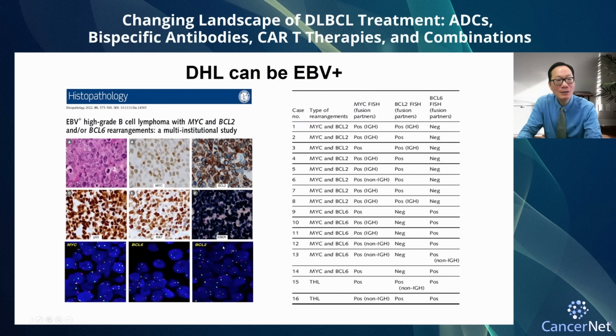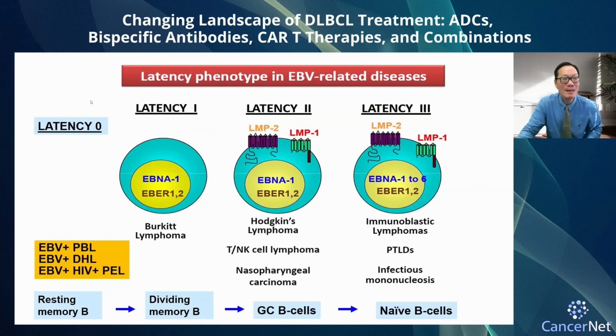So we propose a new idea in EBV positive double hit patients. They may represent a different latency, so it's different from the traditional latency type 1, type 2, type 3. And EBV positive PBL double hit or HIV positive PEL are probably arising from resting memory B cells. They are latent zero without any EBV viral protein expression.